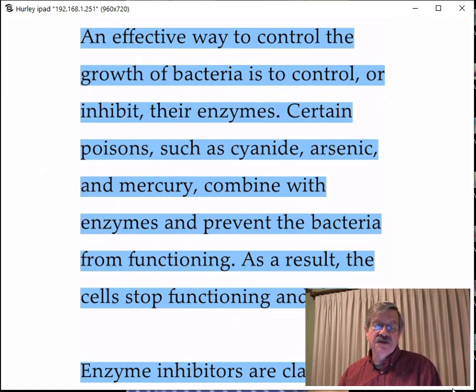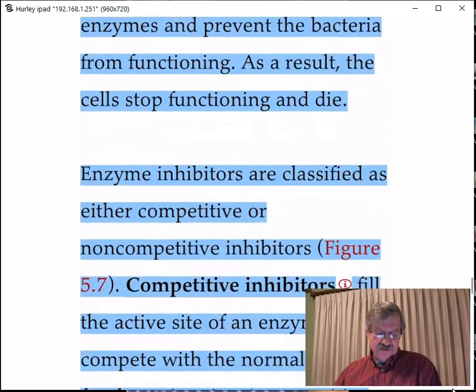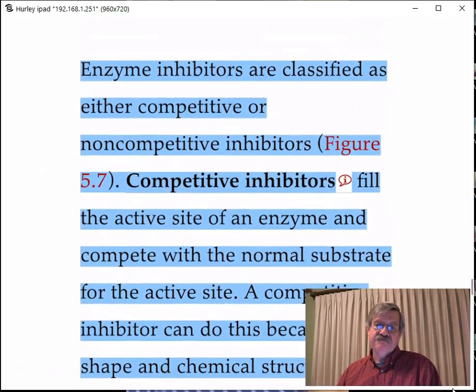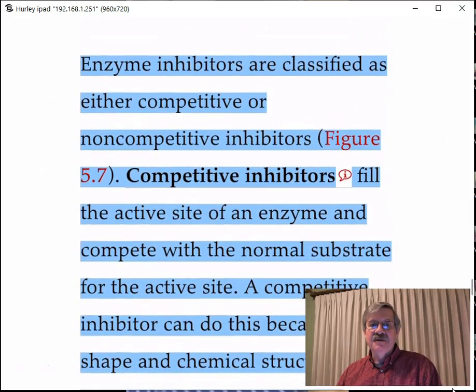It regulates the activity of the enzyme. So basically, depending on how tightly the inhibitor bonds, it can be a regulator or it can be a poison.